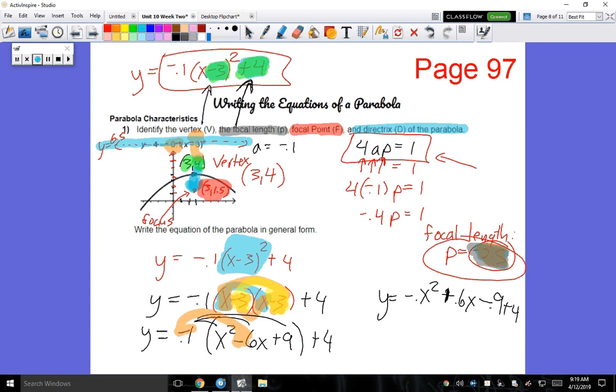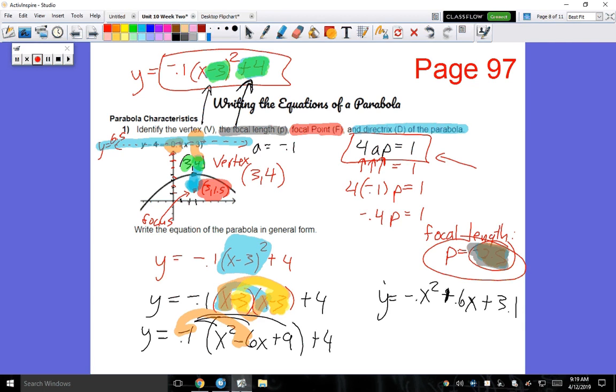So minus 0.9 and plus 4 is the same as putting a negative 0.9 and a positive 4 together, so that we get a positive 3.1.